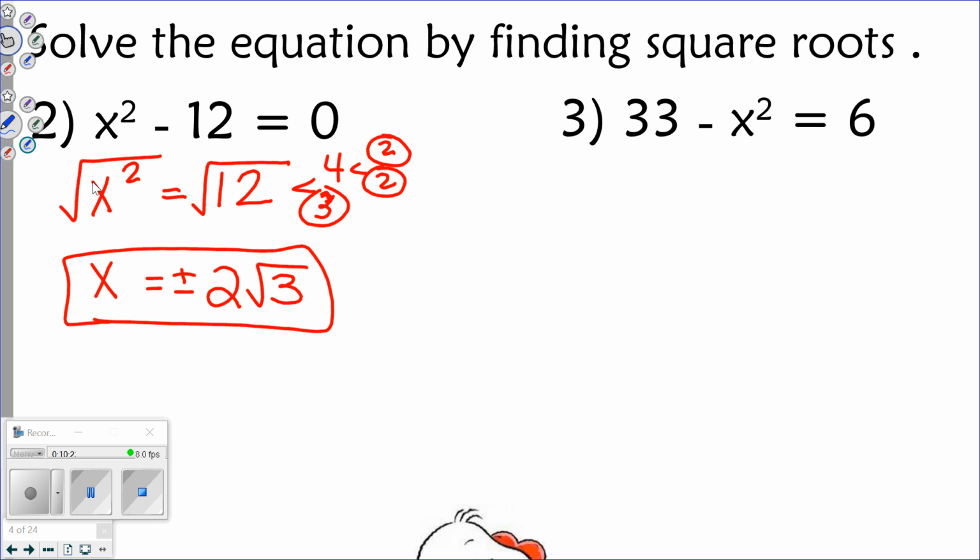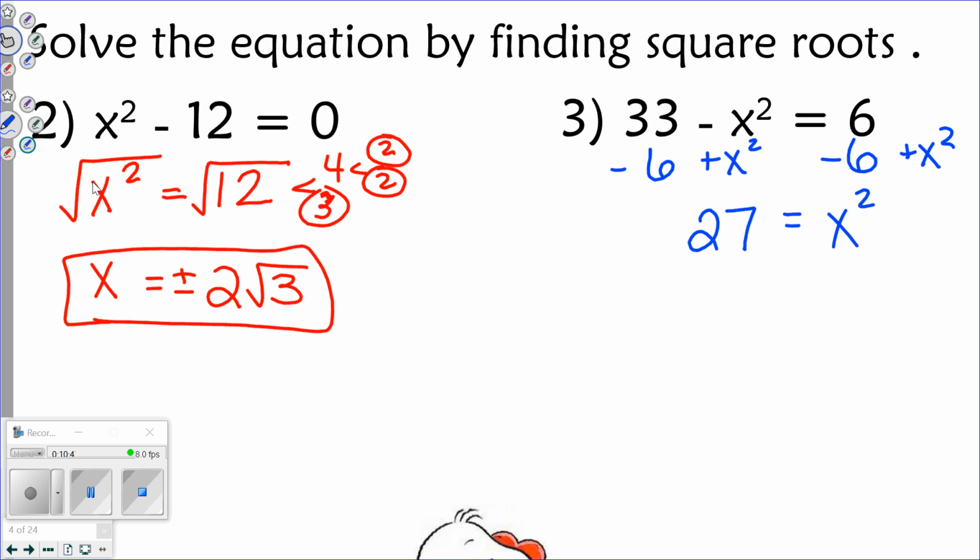All right, number 3. What should we do with that one first? Ah, smart girl. She added the x over. Is that okay to do that? And then subtract the 6? Yeah, we can do that. So if I subtract the 6 and then add the x squared, it makes it positive, which makes things a little easier. So 33 minus 6.